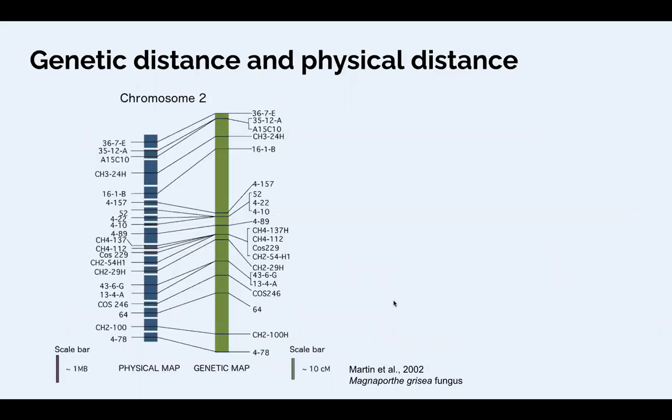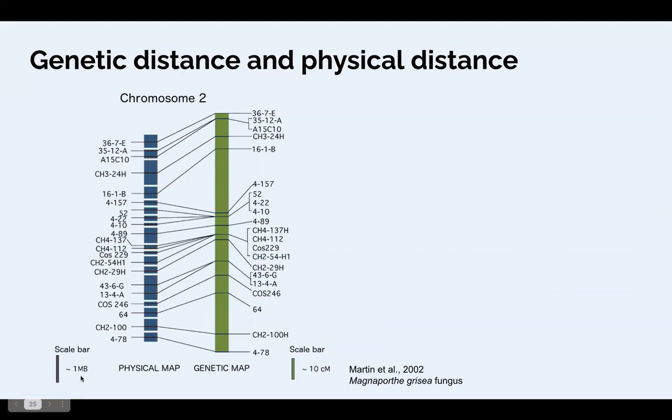I mentioned earlier that genetic distance is kind of proportional to physical distance, generally speaking. It's not exactly one-to-one. So this is a map of an organism, a fungus. And the physical map is the distance among the genes on here in nucleotides.